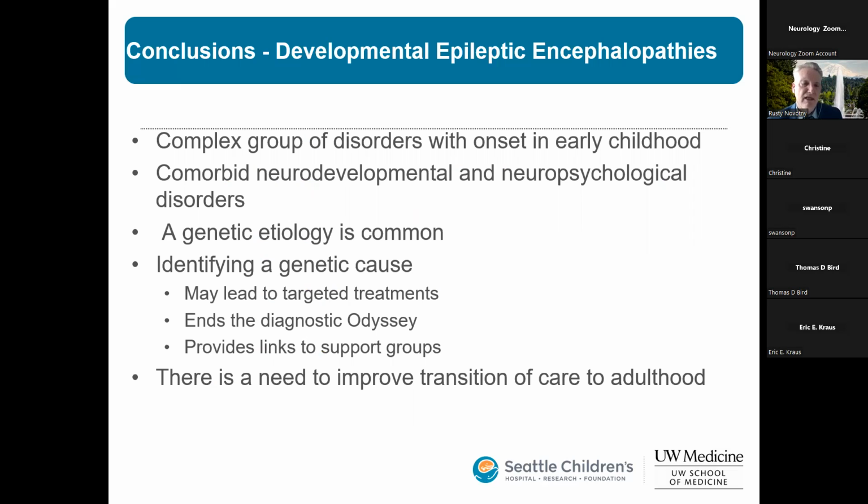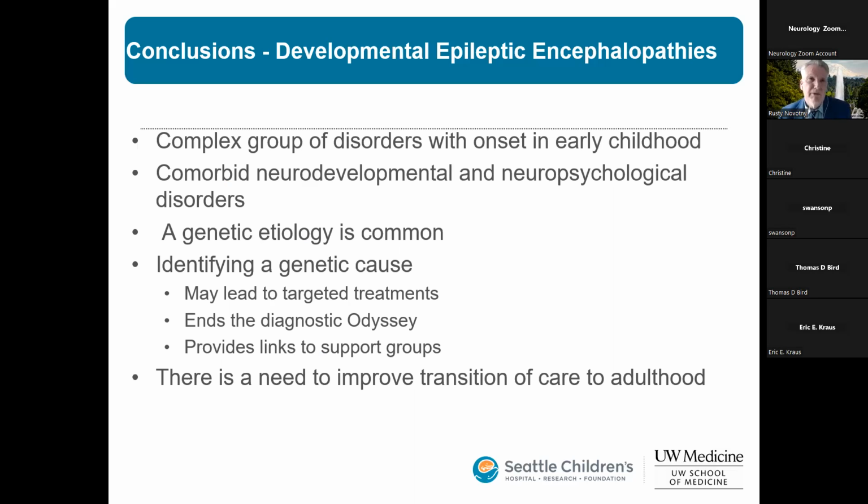A genetic etiology is common, and as many studies are being done with epilepsy onset under age 5, there's likely a 30 to 50% diagnostic yield. I think identifying a genetic cause often leads to targeted treatments in certain cases, ends the diagnostic odyssey, and provides patients and their families with links to support groups.